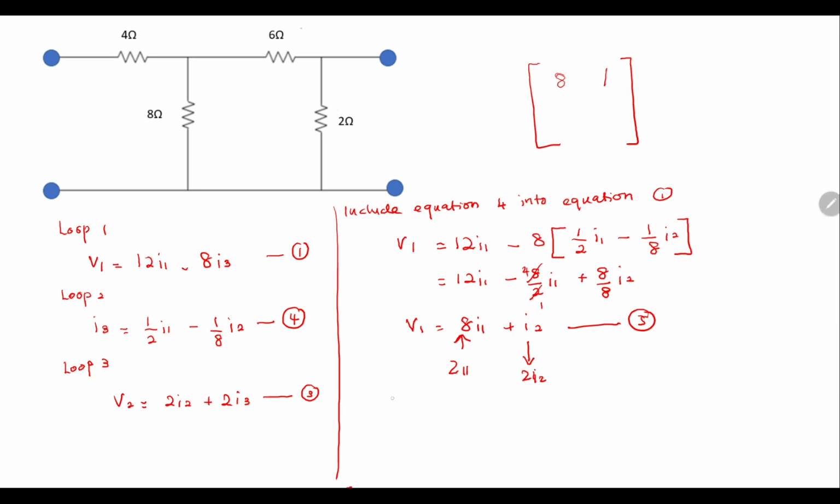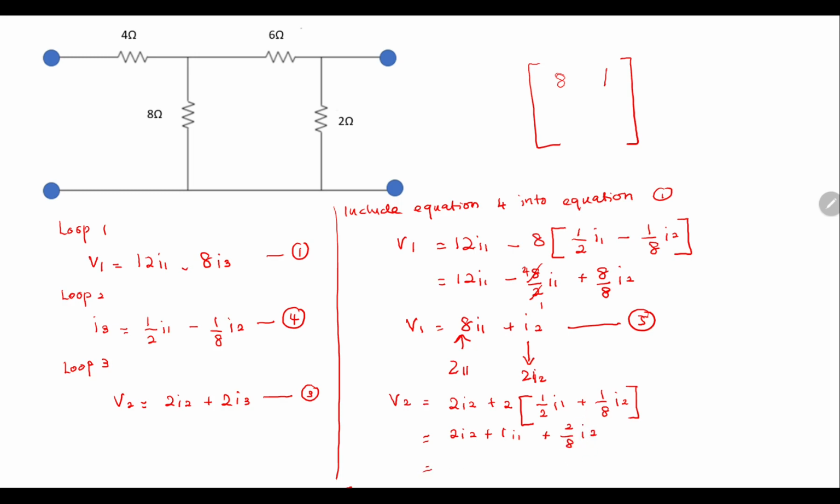We go to V2. V2 is equal to 2I2 plus 2I3, where I3 is 1 over 2 I1 minus 1 over 8 I2. So from here you got 2I2 plus 1I1 minus 2 over 8 I2.